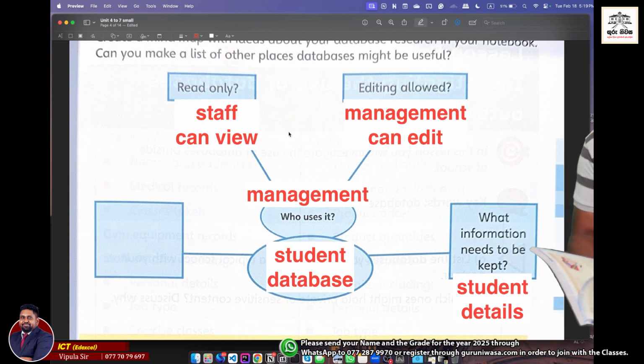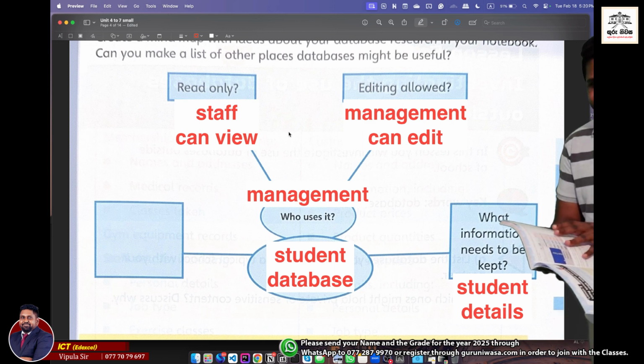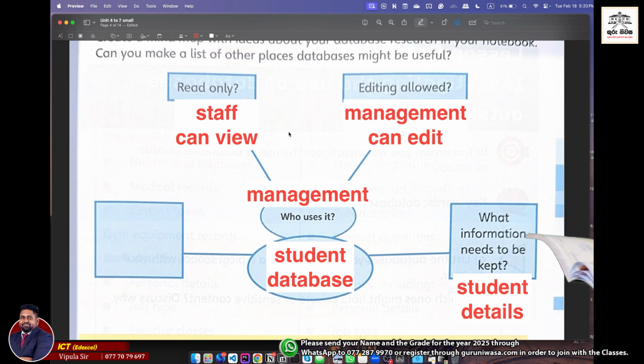No, I don't have. Okay, perfect. Can you copy this down? It's just a simple display of how we can display the details.